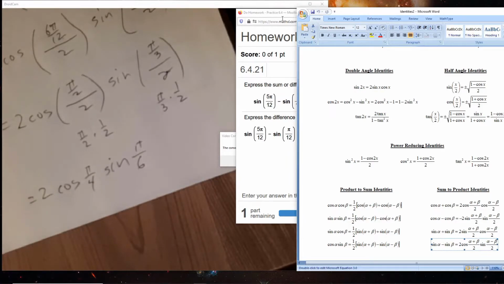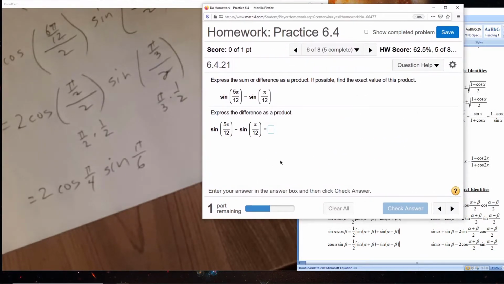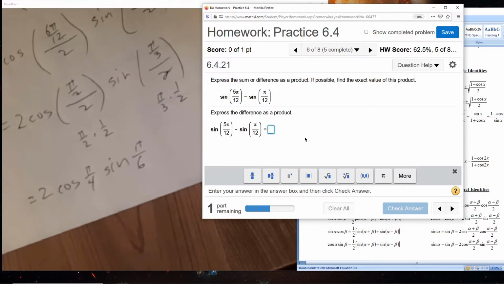And do they want us to leave it, since we know pi over 4 and pi over 6? Do they want the trig functions or the number answer?